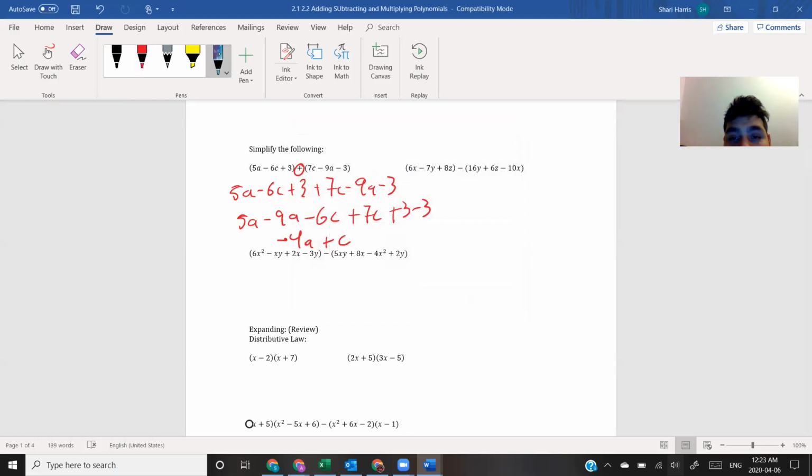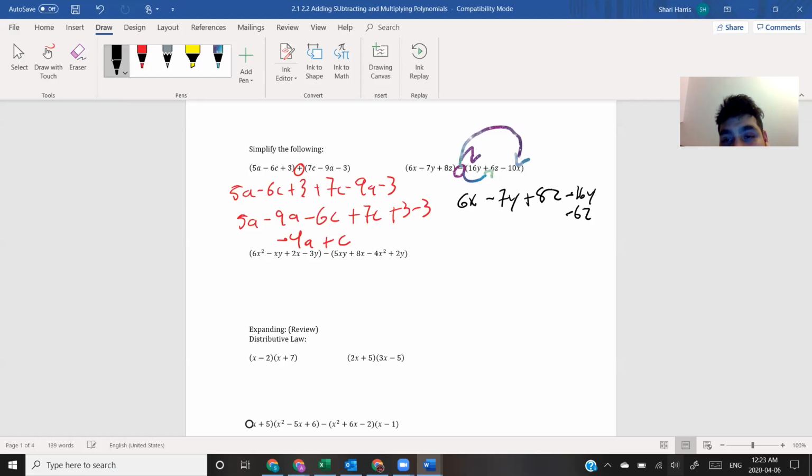Over here, there's this negative right there. It'll change this sign, and this sign. I don't like this color. We'll go back to black here. So this becomes, and we'll remove the bracket, 6x minus 7y plus 8z. It was plus here, so it's going to be minus 16y. It's a plus 6z, so it's going to be minus 6z, minus 10x plus 10x.